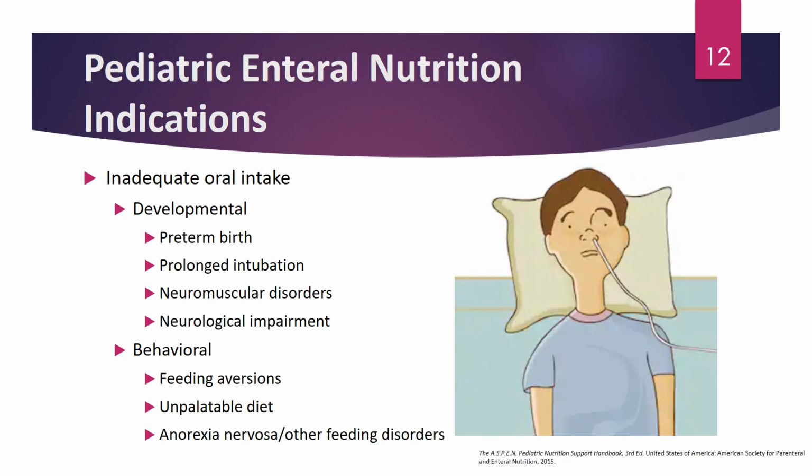Patients who are intubated, basically the same indications as for adults. Those who have neuromuscular disorders or neurological impairments may need enteral nutrition. If they have some kind of behavioral issue that prevents them from getting adequate oral intake, such as feeding aversions, an unpalatable diet, or anorexia nervosa, or other feeding disorders, they may need enteral nutrition.